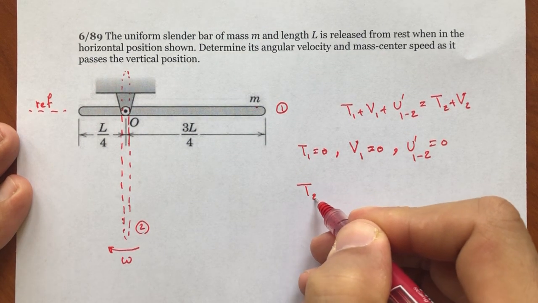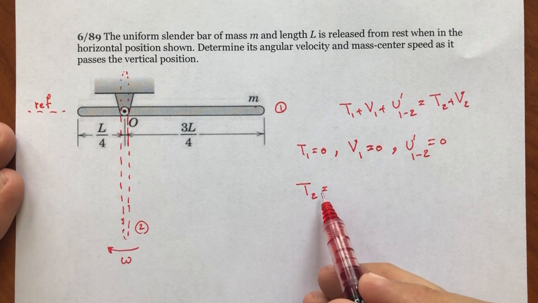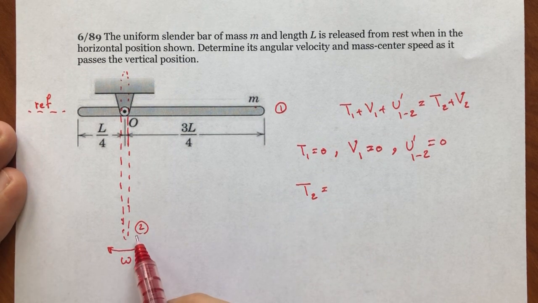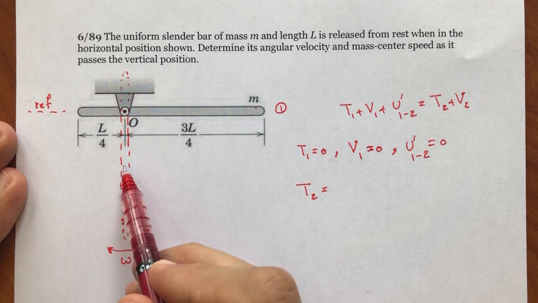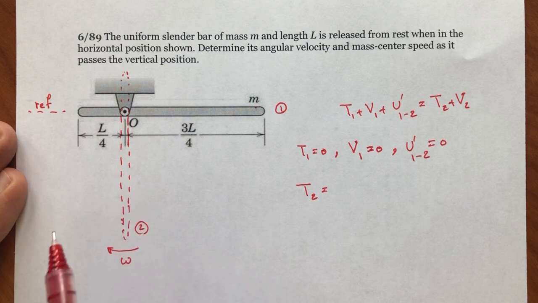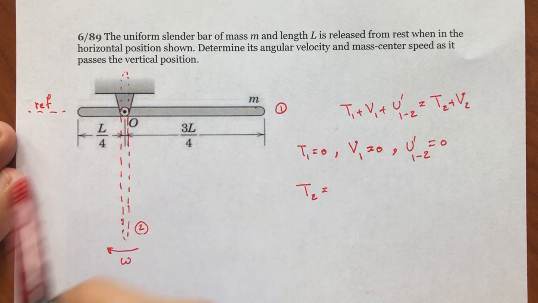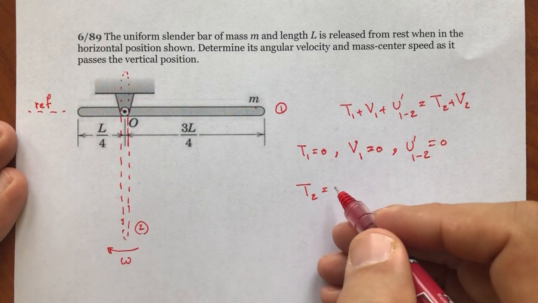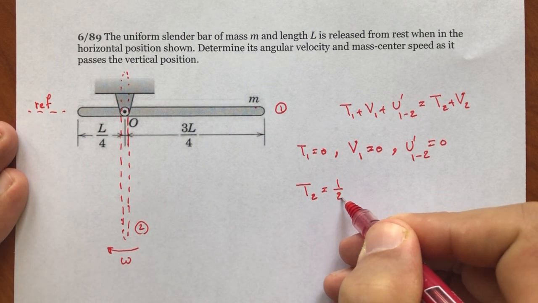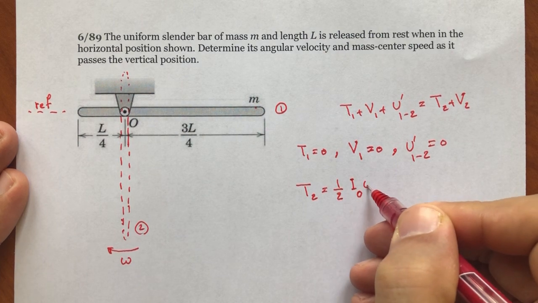T2. To calculate the kinetic energy in the second condition, we can use half of mass times velocity of the centroid squared plus 1/2 of I about G omega squared, or because we know it is rotating about point O, we can say the kinetic energy is equal to 1/2 of mass moment of inertia about O times omega squared.